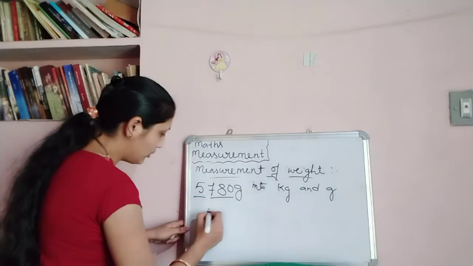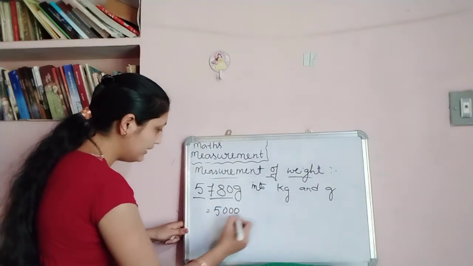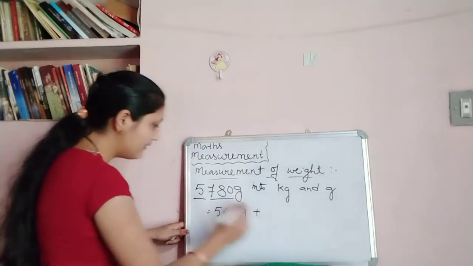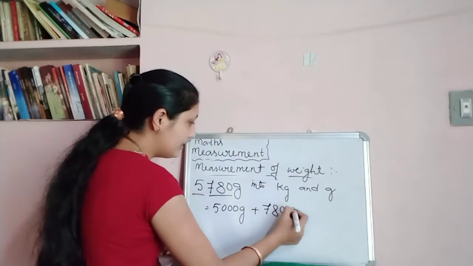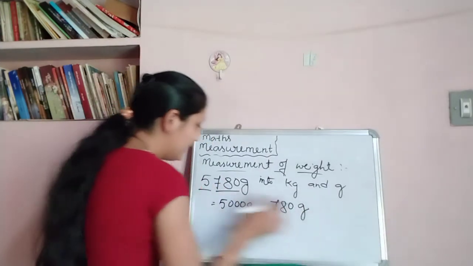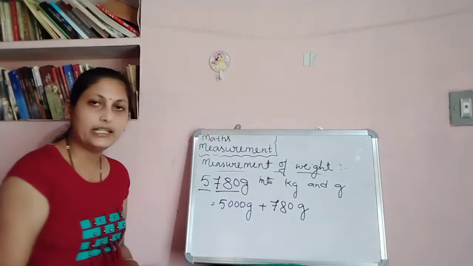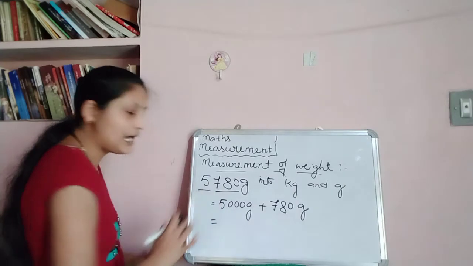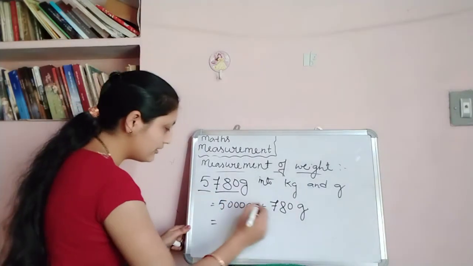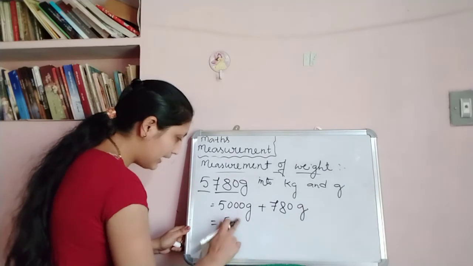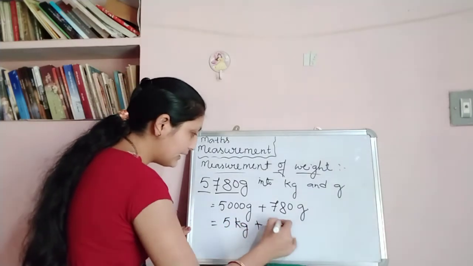So this is 5000 gram plus 780 gram. 5000 gram is 5 kg, plus 780 gram.